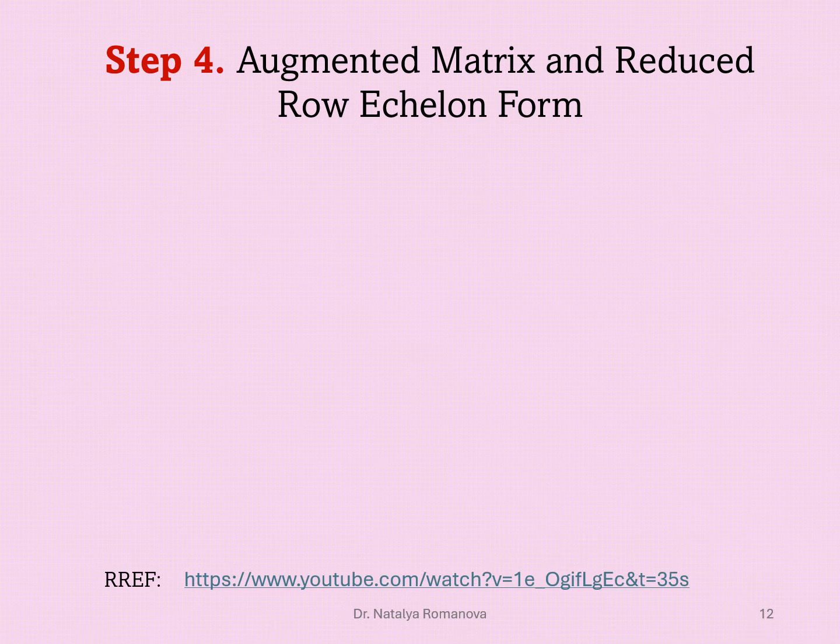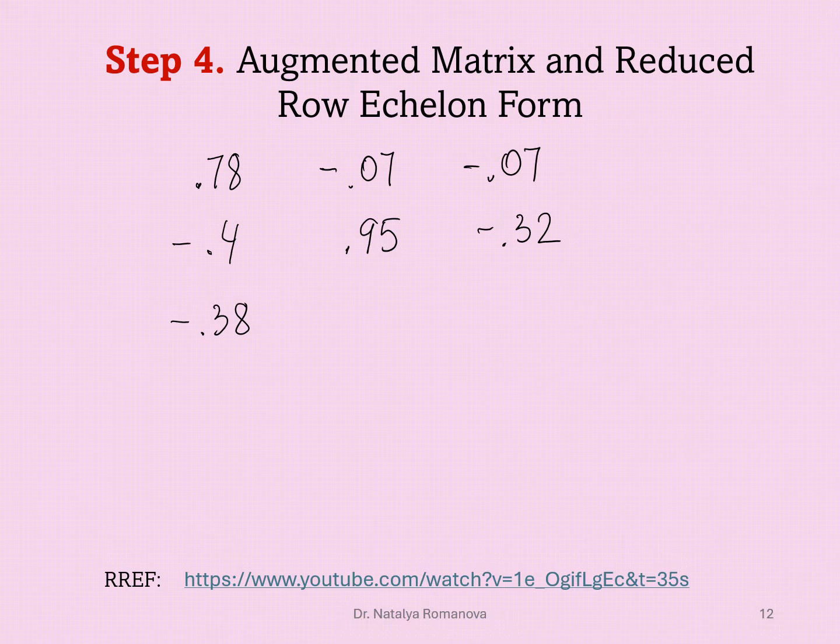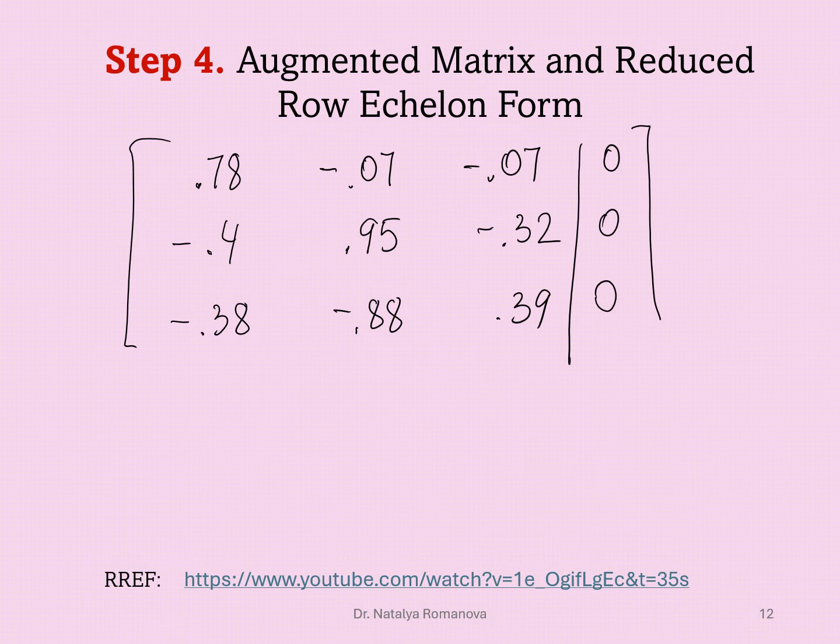So next step, we have to find the solution of this system of linear equations. We have to find the augmented matrix in reduced row echelon form to solve this system of linear equations. So the augmented matrix has the form 0.78, minus 0.07, minus 0.07, minus 0.4, 0.95, minus 0.32, minus 0.38, minus 0.88, 0.39, and the constant matrix 0, 0, 0, the constant column.